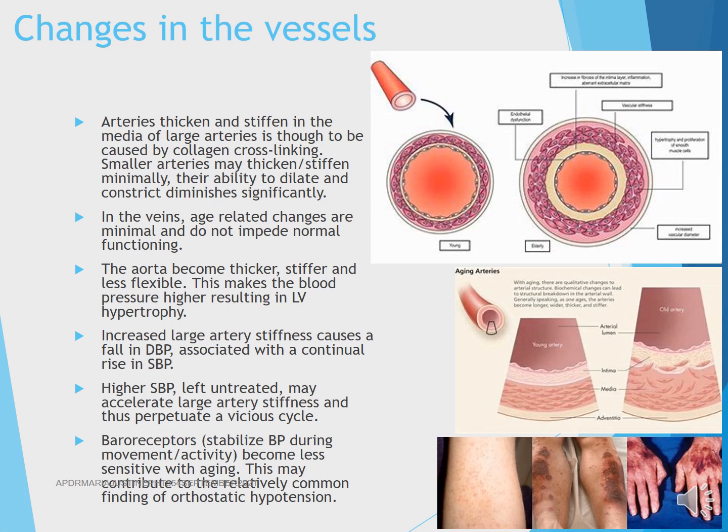So there will be increased large artery stiffness, which causes a fall in diastolic blood pressure associated with a continual rise in systolic blood pressure. Higher systolic blood pressure, if left untreated, may accelerate large artery stiffness and thus perpetuate a vicious cycle.